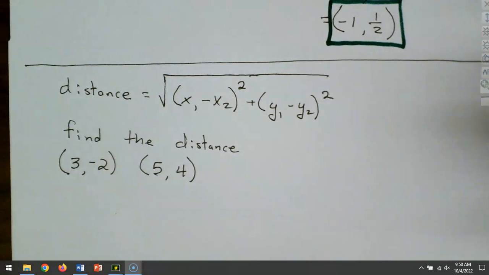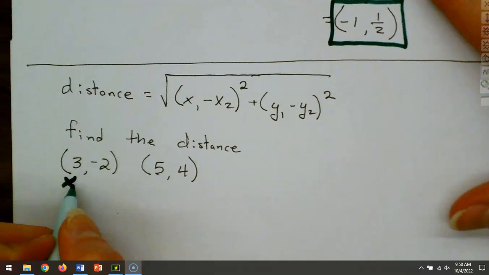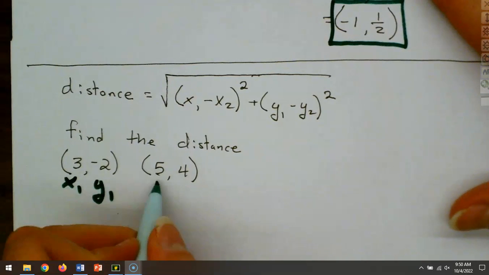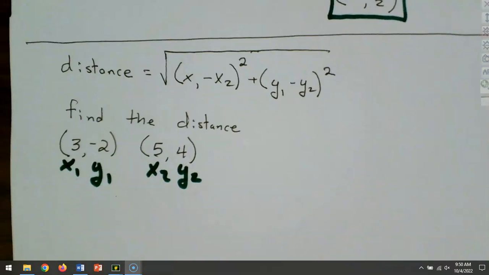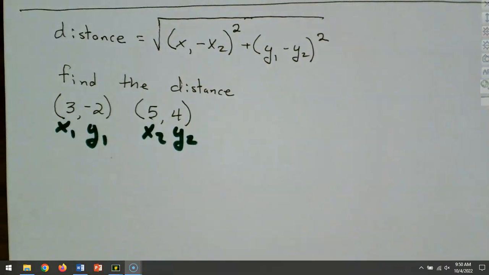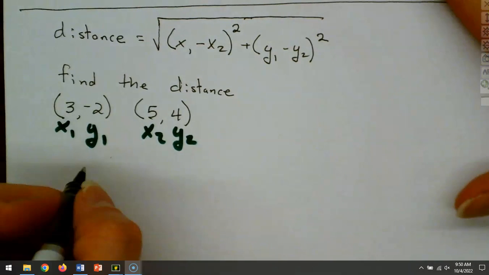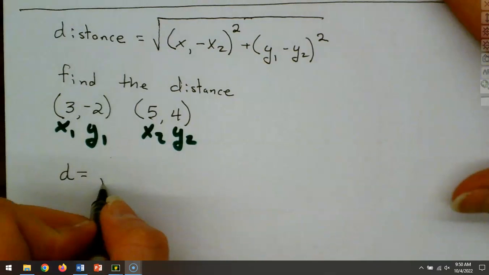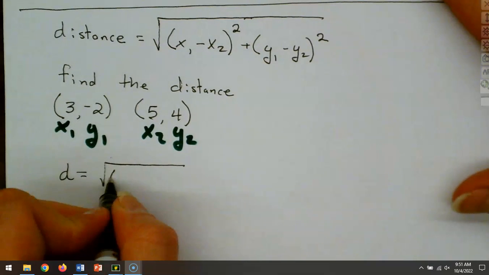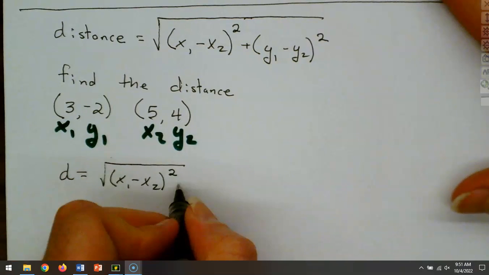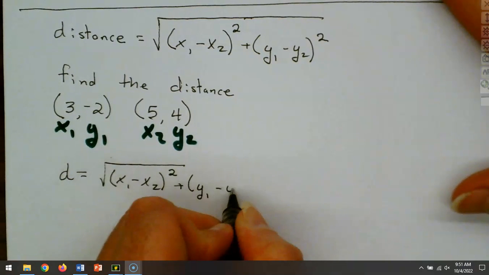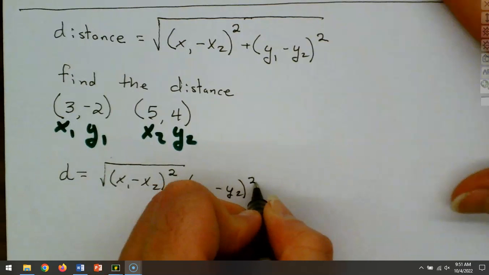So the very first thing I do is I begin by labeling x1, y1, x2, and y2. So that's what I always do with my ordered pairs. And now let's write up our formula. I use a D for distance. And that's x1 minus x2, quantity squared, plus y1 minus y2, quantity squared.